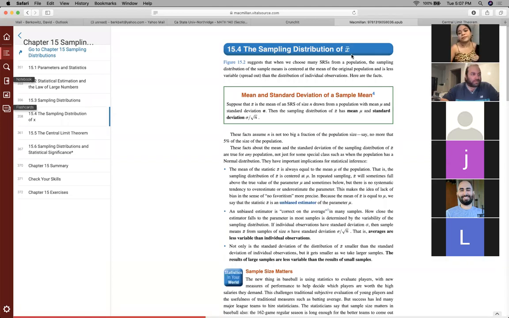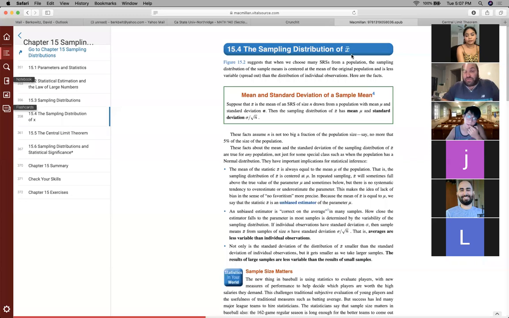It's in the box. May you repeat the question one more time, please? Suppose X is something from a population whose mean is mu and whose standard deviation is sigma. The question is, what is the mean and standard deviation of X bar of a sample of size n?